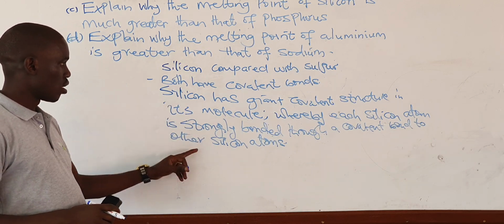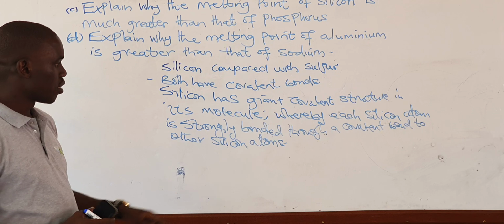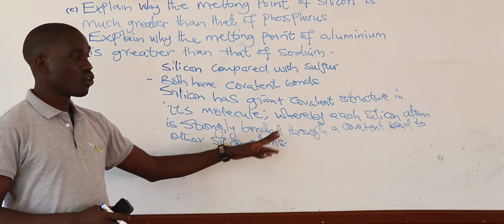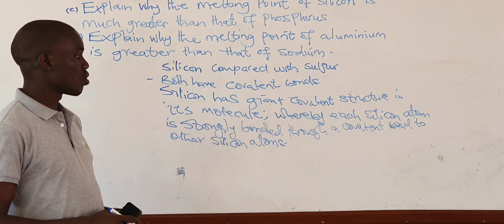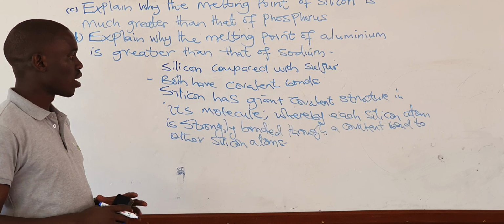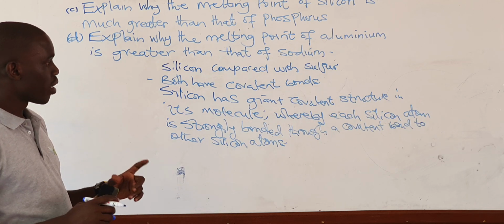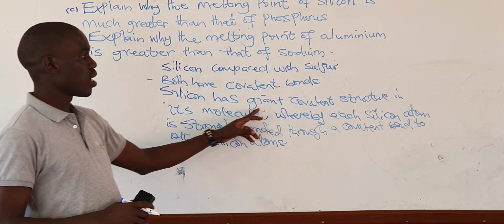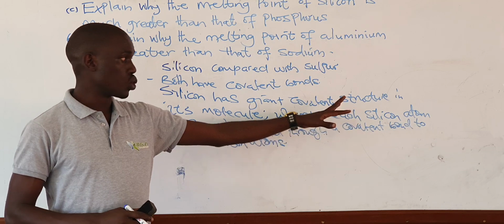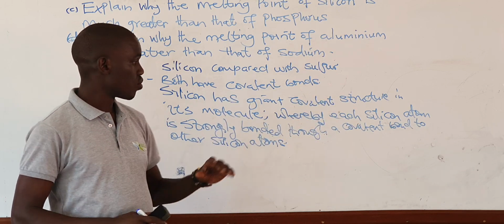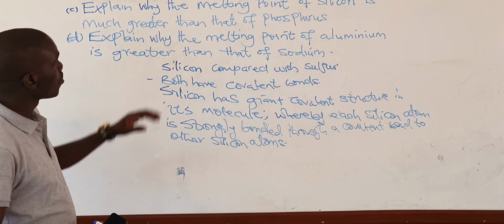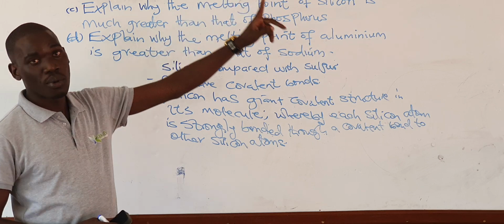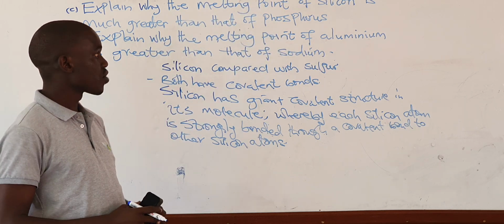Whereas here, the atoms are held by strong covalent bonds. That is in silicon. So you find all the atoms are held by strong covalent bonds, forming a giant covalent structure. This one makes silicon to have a higher melting point than sulfur.